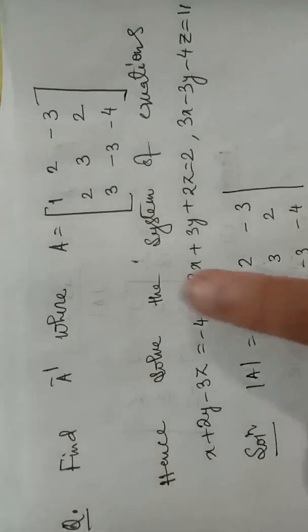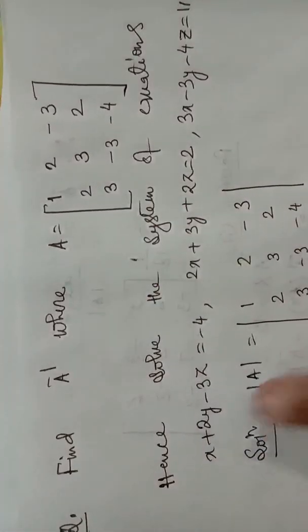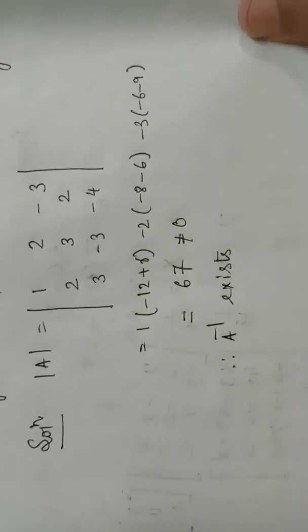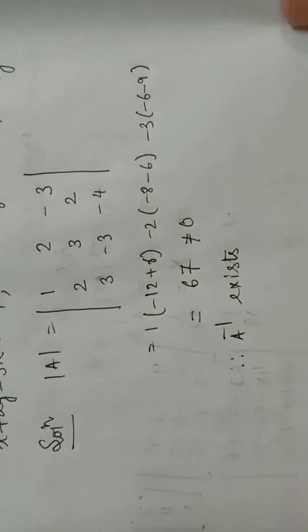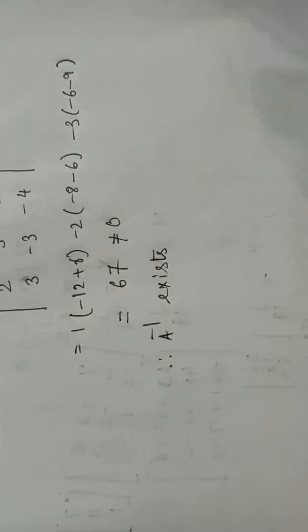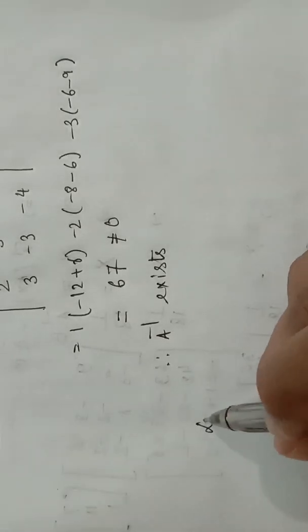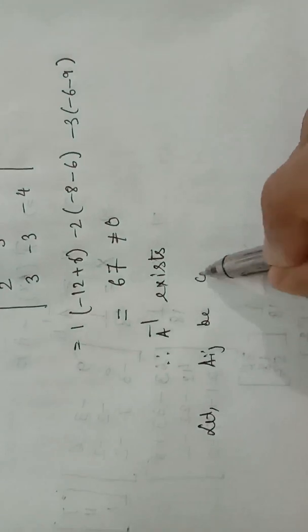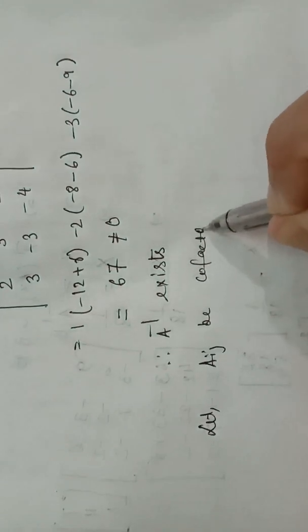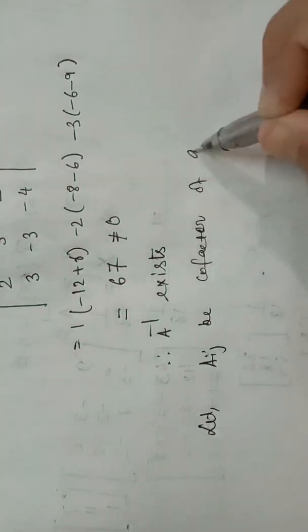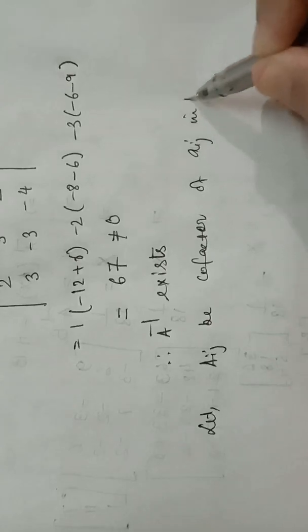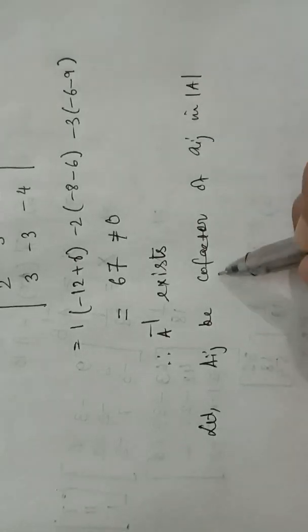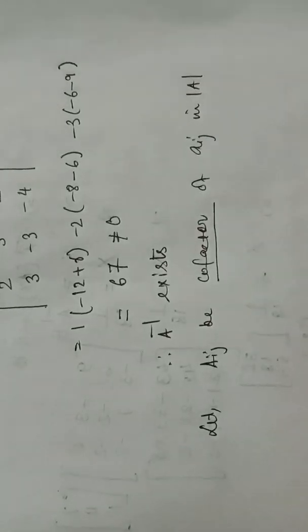Our next part is to find the adjoint of matrix A. This is the given matrix A. We have to find A inverse, and for that our next part is to find the adjoint of A, and for that we have to find cofactors. We have to write in this way: let Aij be the cofactor of the element aij in det A, because the term cofactor is related to determinant.